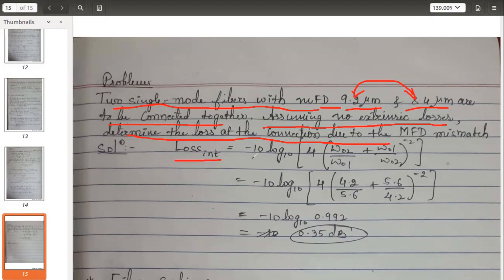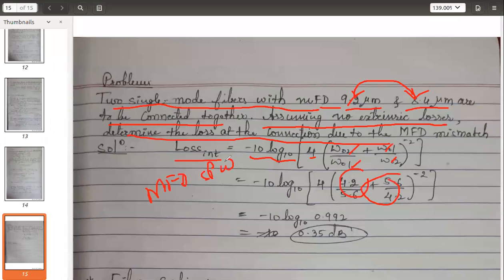So the loss is given by minus 10 log to the base 10 of 4 over the quantity omega naught 2 by omega naught 1 plus omega naught 1 by omega naught 2, whole squared. Substitute the values. See, the values are not 9.2 and 8.4 directly. There is a relationship between MFD and spot size.